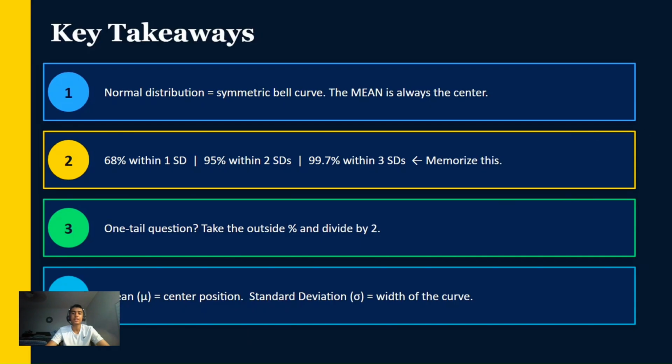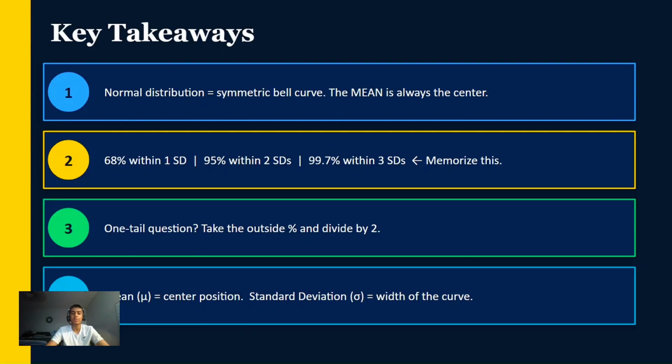Now, let's wrap up. Here's what you need to remember from today. Number 1. The normal distribution is symmetric and bell-shaped. The mean is always the center. Number 2, 68% is within 1 standard deviation, 95% of the data is within 2 standard deviations, and 99.7% of the data is within 3 standard deviations.